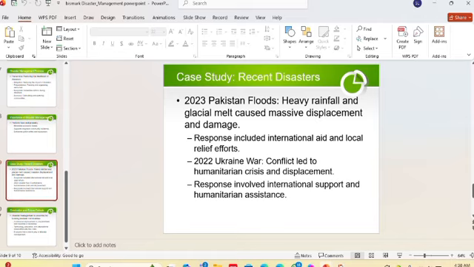Response included international aid and local relief effort. Another case study is the 2022 Ukraine war conflict, which led to humanitarian crisis and displacement. Response involved international support and humanitarian assistance. Those are examples of case studies which occurred recently, 2022 and 2023.